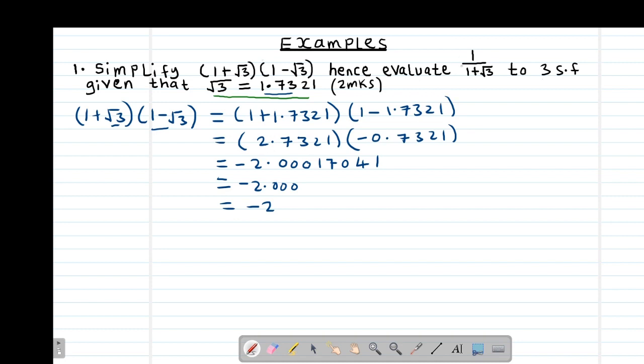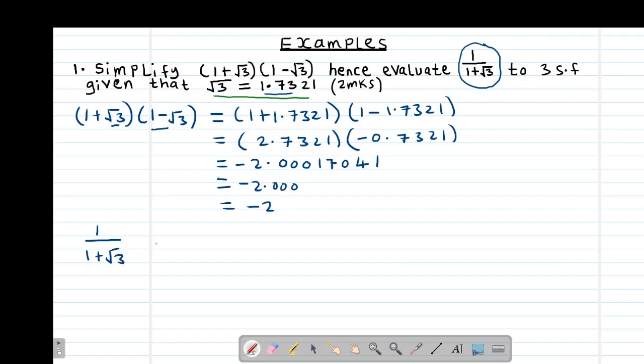Then we are told, hence evaluate 1 over 1 plus root 3 correct to 3 significant figures. So the given part simply needs to be rationalized. We need to rationalize the denominator. So 1 divided by 1 plus the root of 3.